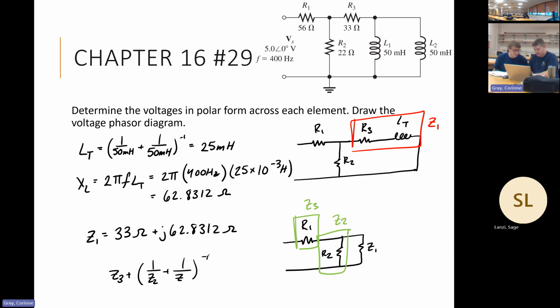Oops, sorry, that is Z1. Did anybody do it differently? So if you guys all did this, what should Z2 be?